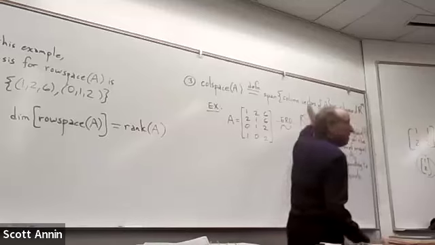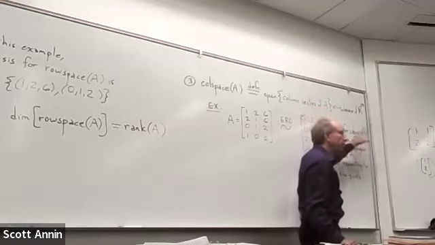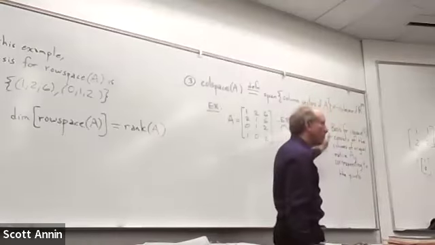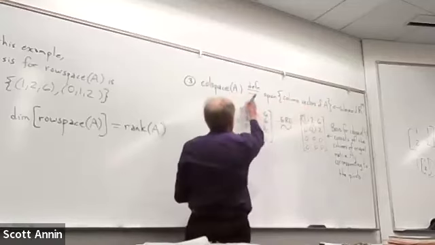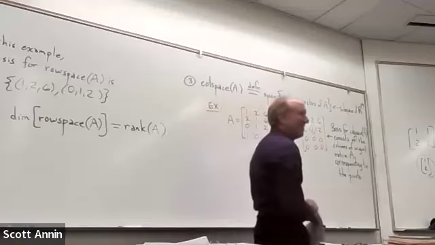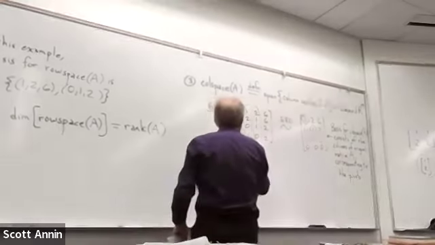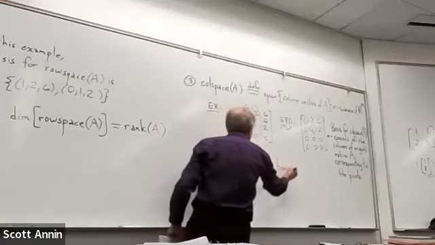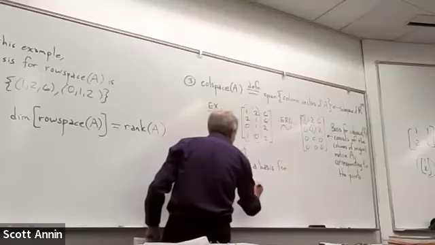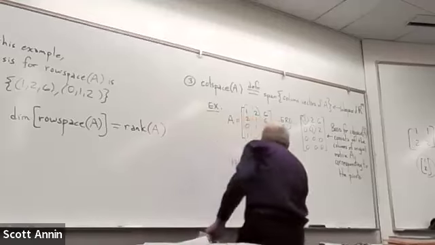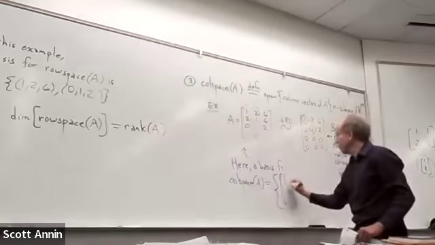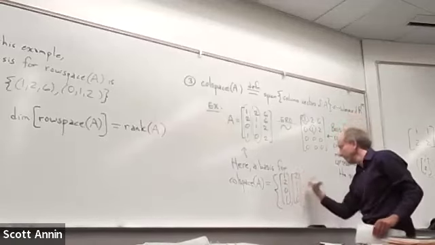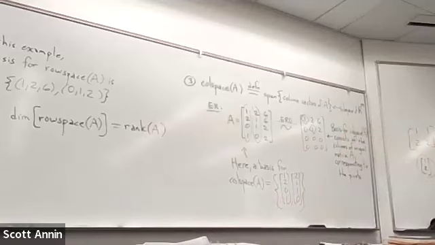I have two pivots here. But what all this chit chat explains is just that you take those pivoted columns, but then you transfer back to the corresponding columns from the original matrix. So in this example, a basis for the col space of A would be the set, I'm going to make it as a list of vectors here, the first column and the second column. That would be my basis.